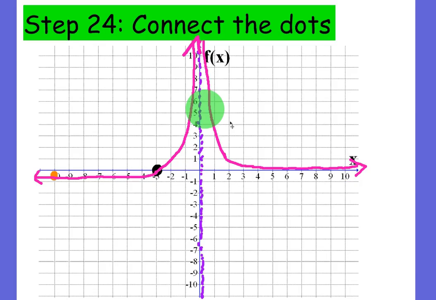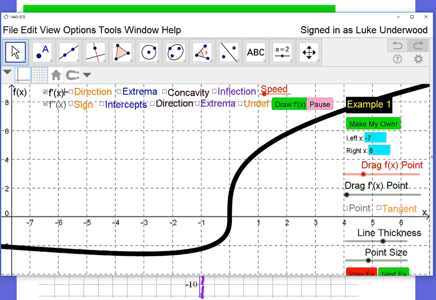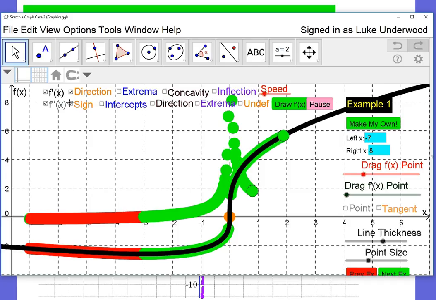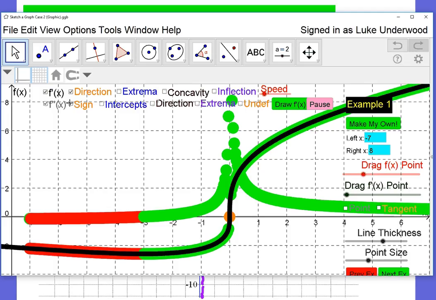And again, the derivative doesn't look very much at all like the original. Let's take a closer look. So here's the original graph. We can see that wherever it decreases, the f double prime of x will be below the x-axis, and where f prime of x increases, f double prime will be above the x-axis.